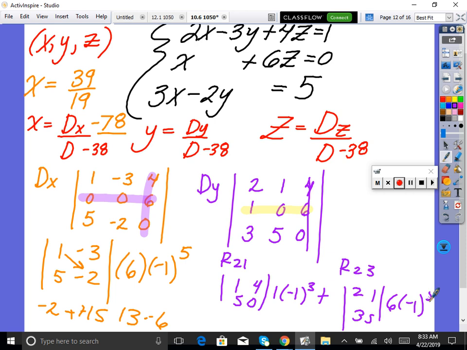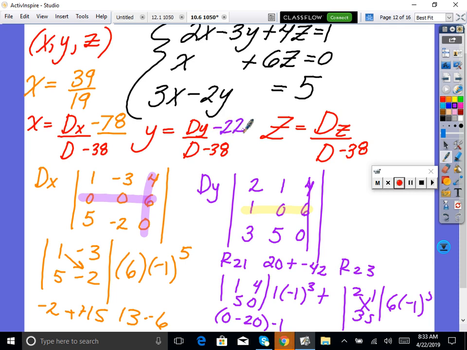So let's do this. 1 times 0, 0, minus 20. So then we have times negative 1. So won't that be positive 20? So we have 20 plus 10 minus 3, 7. 7 times negative 6. So then that's negative 22. That's what dy is. Negative 22.